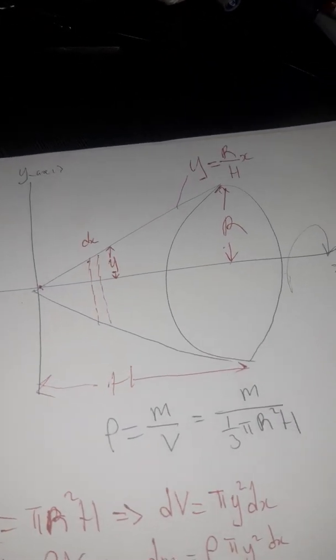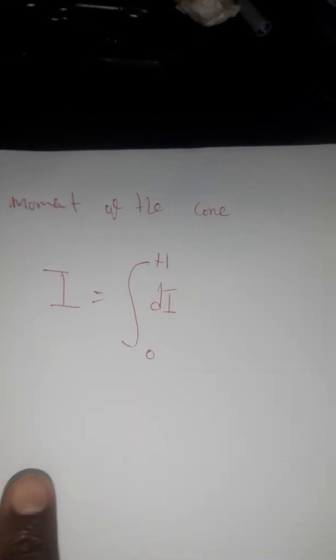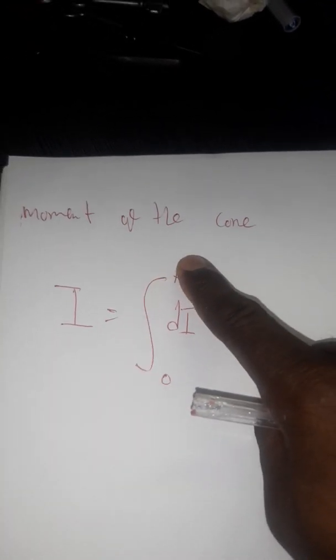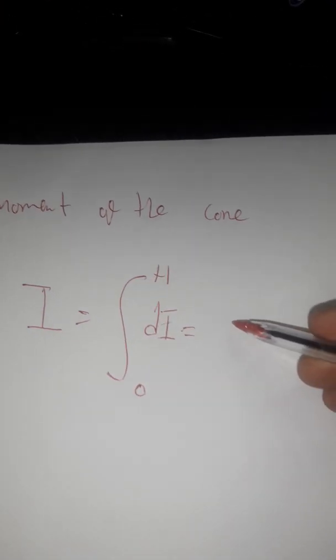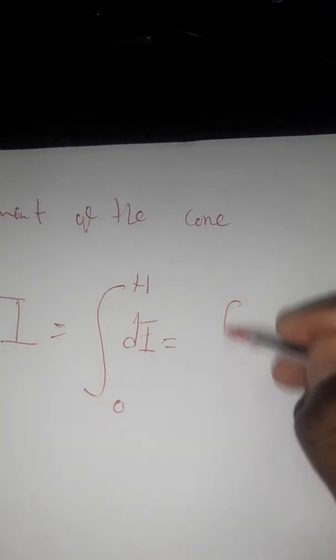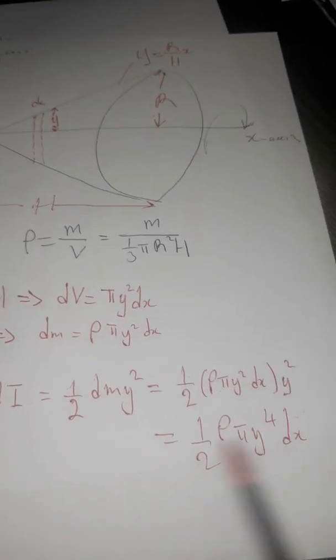We want the moment of the whole cone, so we use the small disk to come up with the equation and extend it from 0 to h. We know dI, and we integrate all this.